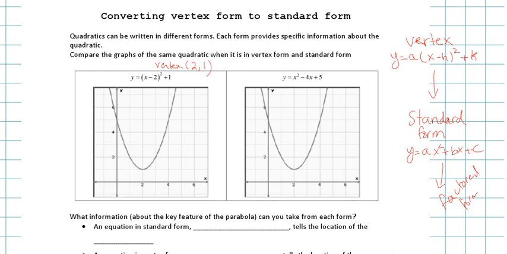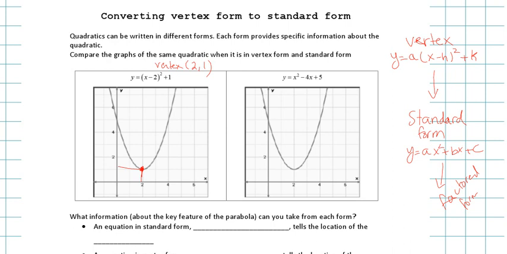So the vertex is 2, 1. What other than the vertex would I know? Like the y-intercept from this form? Can I find the y-intercept from this form right away? But when looking at the graph, I can. Yeah.